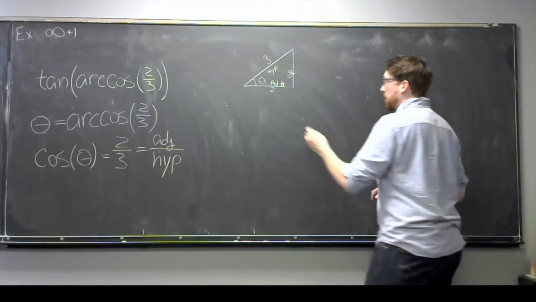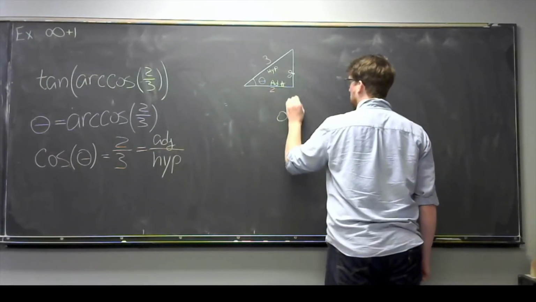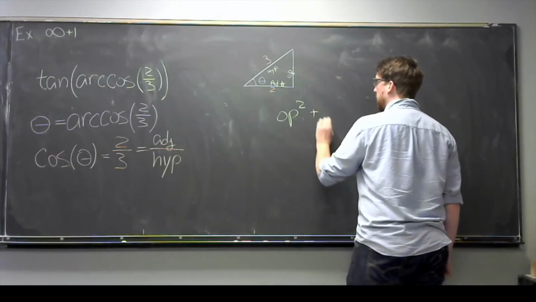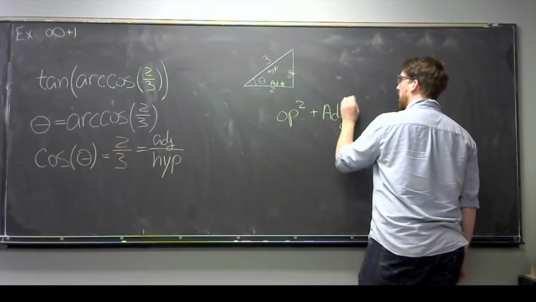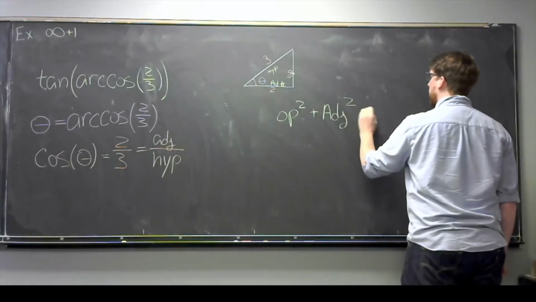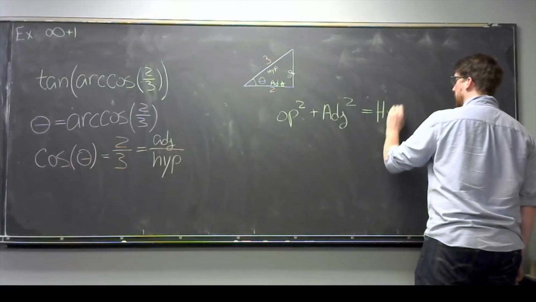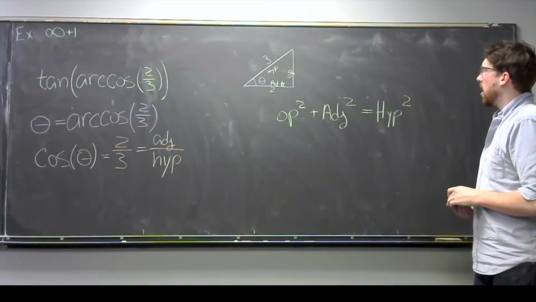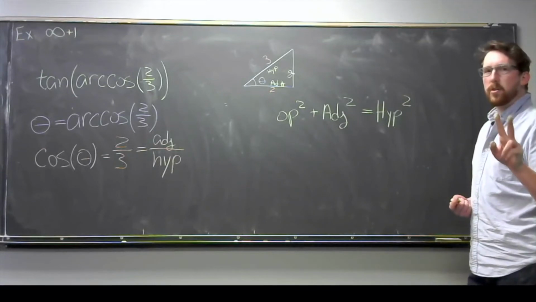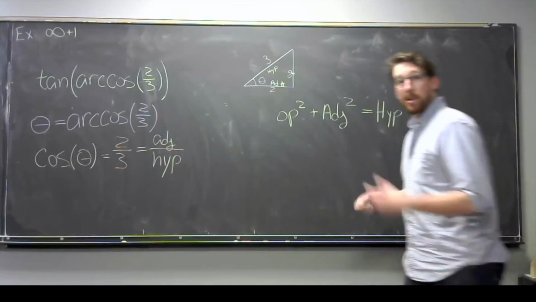The length of the opposite edge squared plus the adjacent edge squared is equal to the length of the hypotenuse squared. I know the adjacent and the hypotenuse, the length of them both.